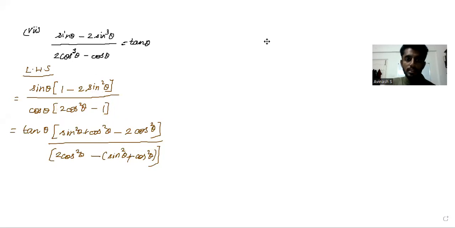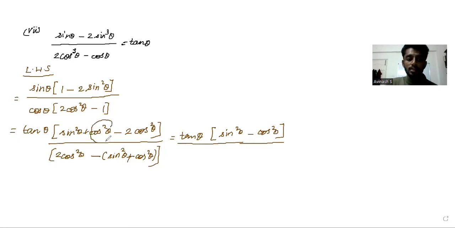And now in the next step, if you further simplify this, you get tan theta into, in the numerator, sin square theta minus cos square theta. That's what we get in the numerator. How? Because this is cos square theta, this is minus 2 cos square theta.